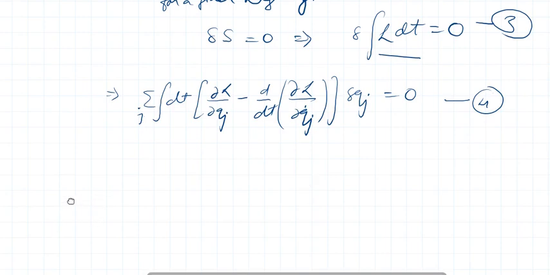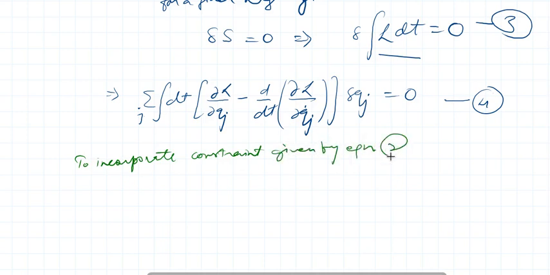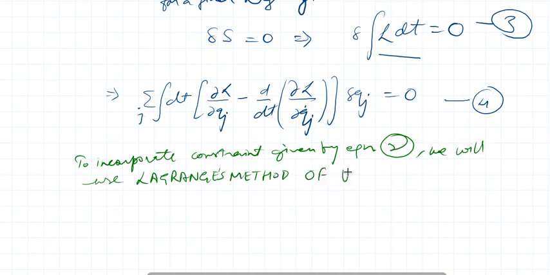So to incorporate the constraint given by equation 2, we will use Lagrange's method of undetermined multipliers.